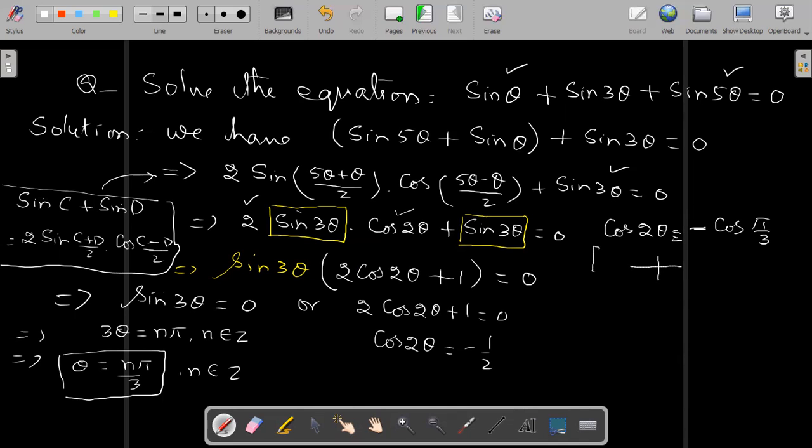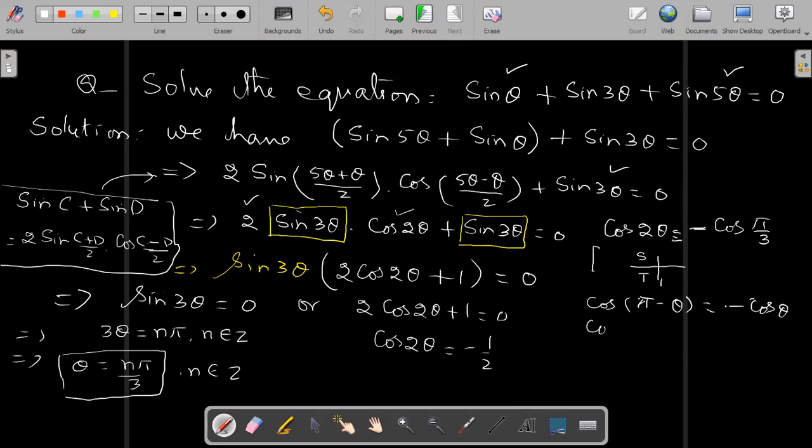In the second quadrant, sine is positive, and cos is negative. So cos(180 degrees minus theta) is in the second quadrant and it is equal to minus cos theta.